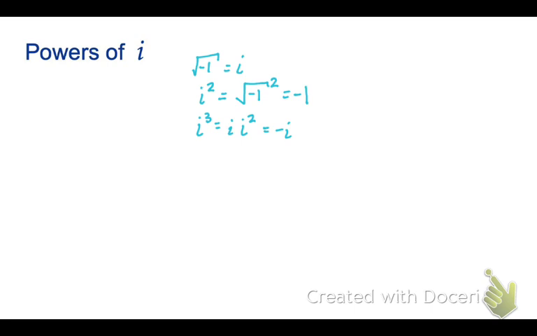We don't go put it back into the square root of negative 1. So i cubed is negative i. So i to the fourth would be i squared times i squared, which would be negative 1 times negative 1, which is 1.